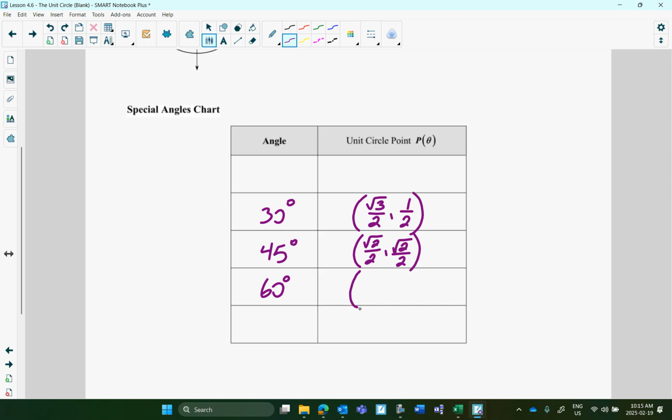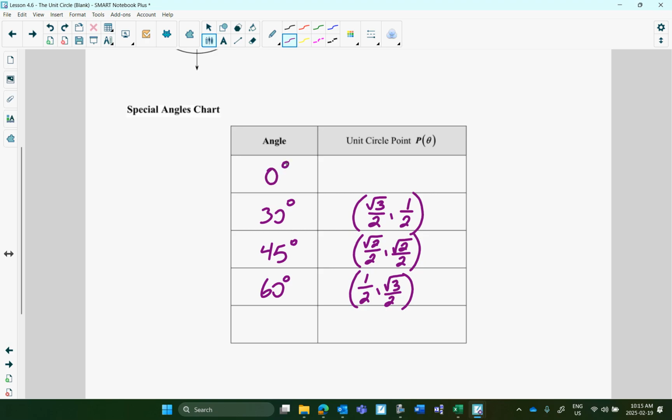If it was 60 degrees, it's the reverse of 30. It's the same values as 30, but reversed for 60. Those are 3 angles. We're going to do lots more. But I'm just going to focus on sort of the first one.